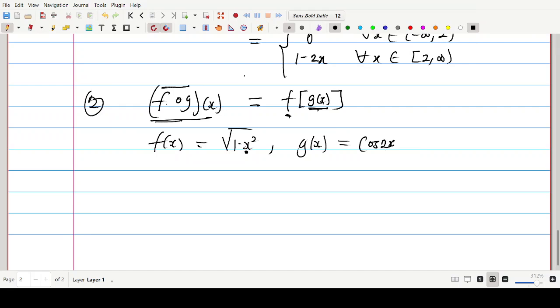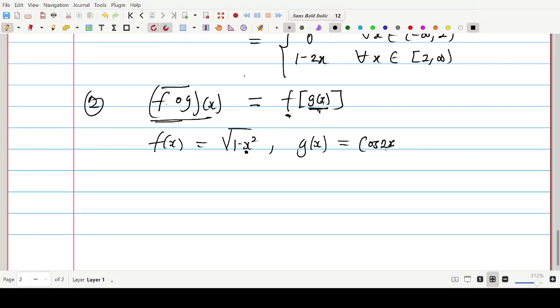And for that to be, it must accept values such that 1 minus x squared will be bigger than or equal to 0. Are you getting me? G of x must accept values such that 1 minus x squared will be bigger than or equal to 0, because only then is the radicand, that is the square root of 1 minus x squared, defined. So the values of g of x, now let's look at it carefully.